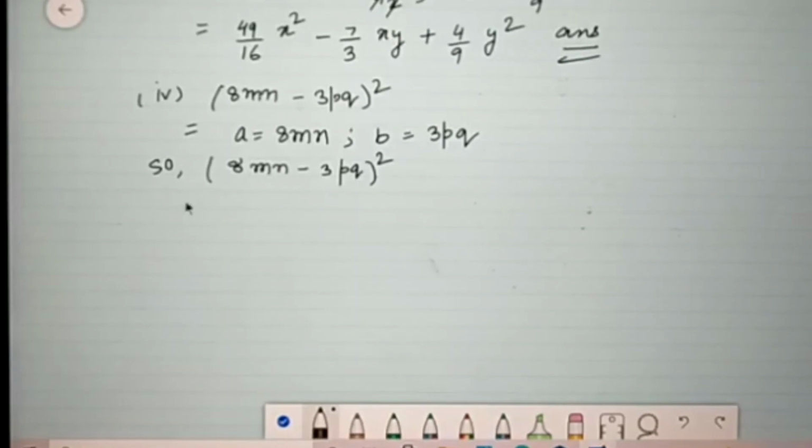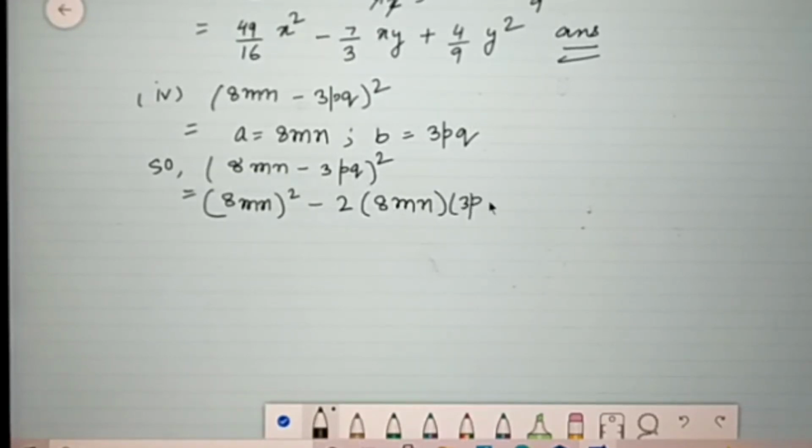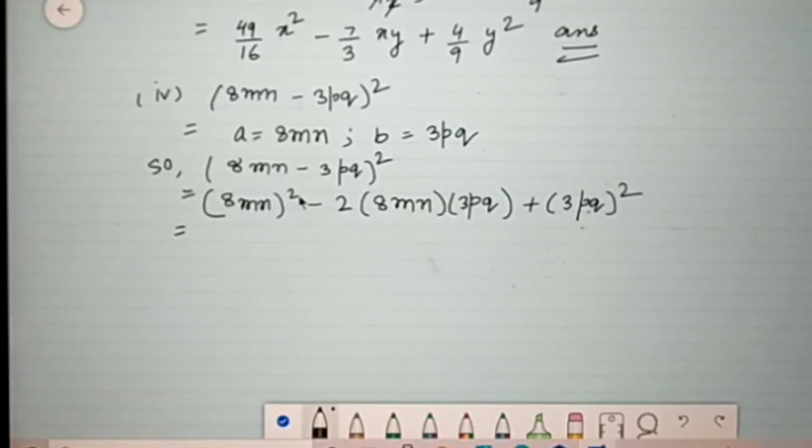We solve this. Square of 8mn, its whole square, minus 2, a is 8mn and b is 3pq, this is minus 2ab, plus b square, which is (3pq) whole square. Now square of 8, square of m and square of n: 8 8s are 64, square of m is m to the power 2 and square of n is n to the power 2.